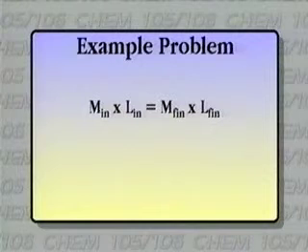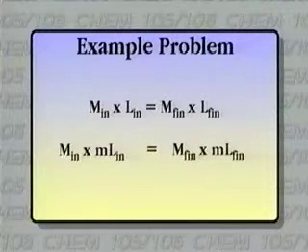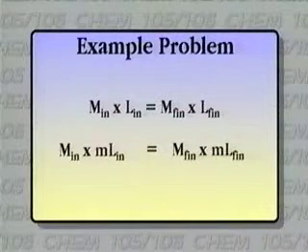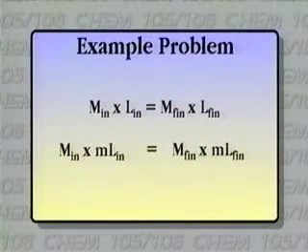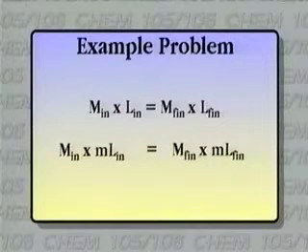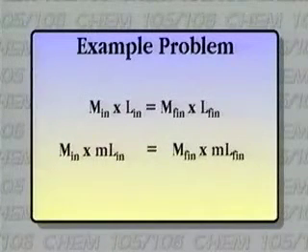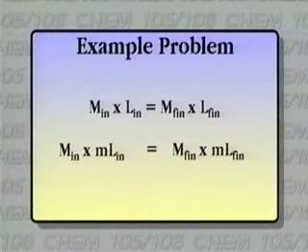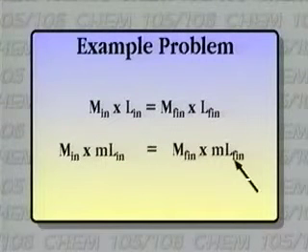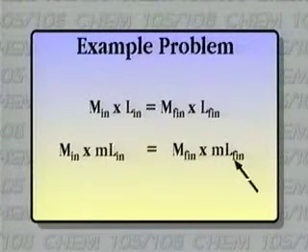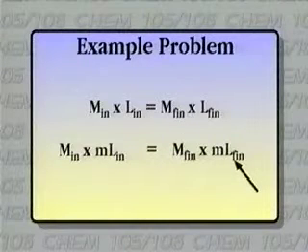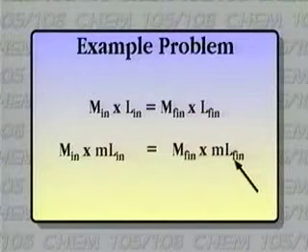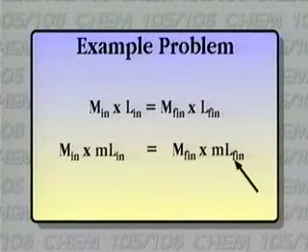We could say molarity initial times milliliters initial is equal to molarity final times milliliters final. Now, looking at this, what is it out of those four that we're looking for? We're saying what final volume will we be able to obtain? So this is what we're looking for right here. We're looking for the milliliters that we can prepare.